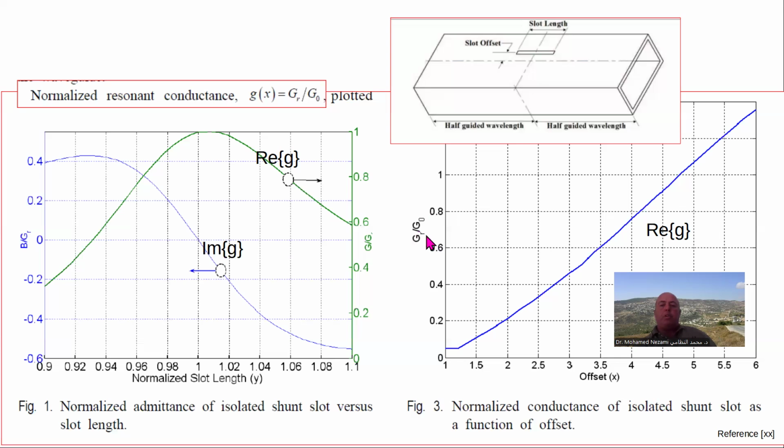Now the offset basically determines the ratio. If you look at the ratio of GR to G0, G0 being the conductance of the waveguide impedance, which is in the 300 ohms or 250 something usually, you can control that ratio by the offset, which means it's like a knob that you can tweak to set the excitation level of the slot.